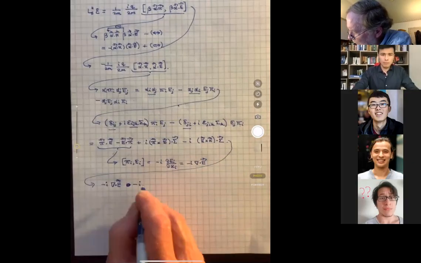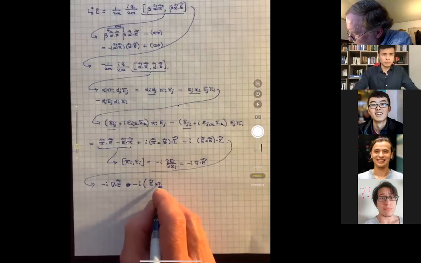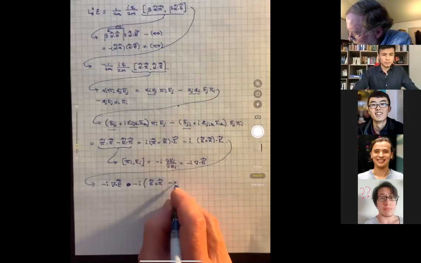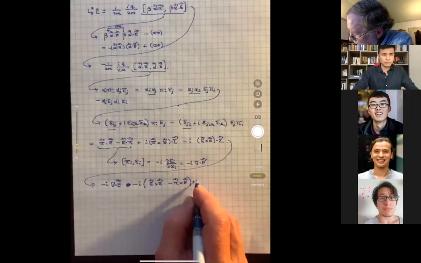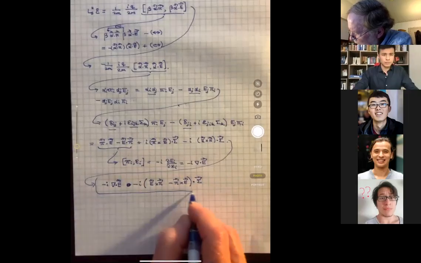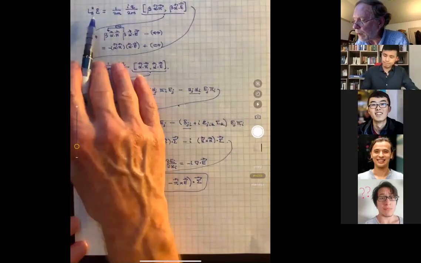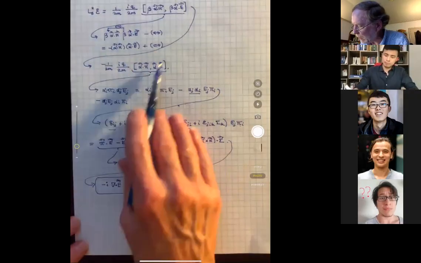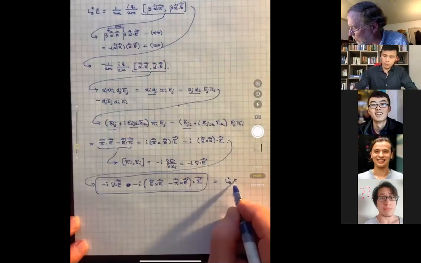Minus i, and then what we have is electric field crossed with π minus π crossed with the electric field dotted into sigma. Okay. So this is what we get, after some work, for the commutator. If I follow this down, this is equal to the commutator of L·S squared with E, like so.